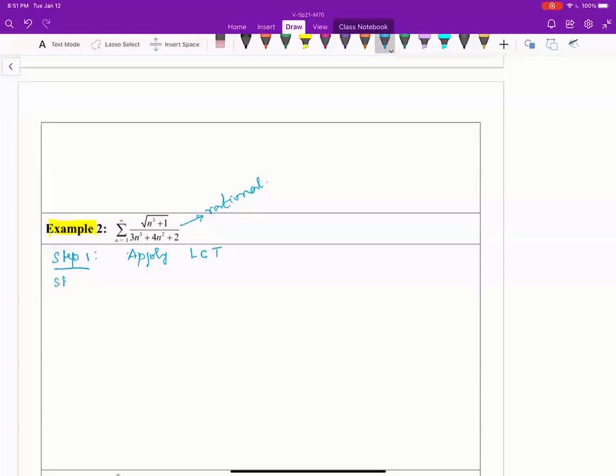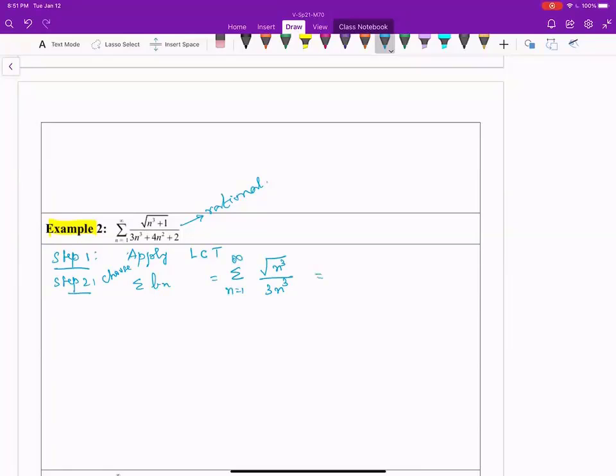So we have to choose the bn to compare to, sigma bn. We take the highest term in the numerator divided by the highest term in the denominator. We can choose like this.